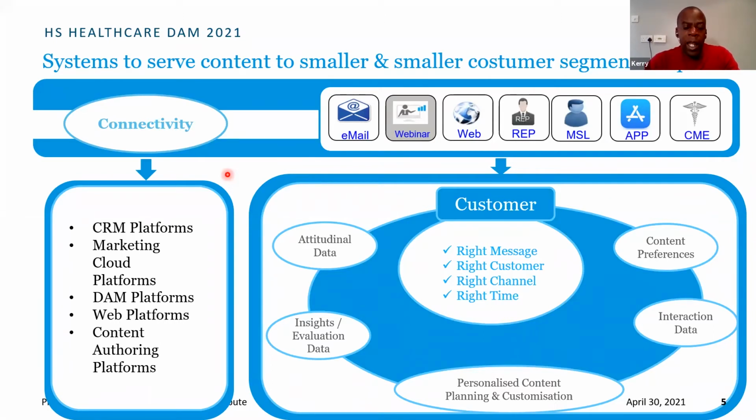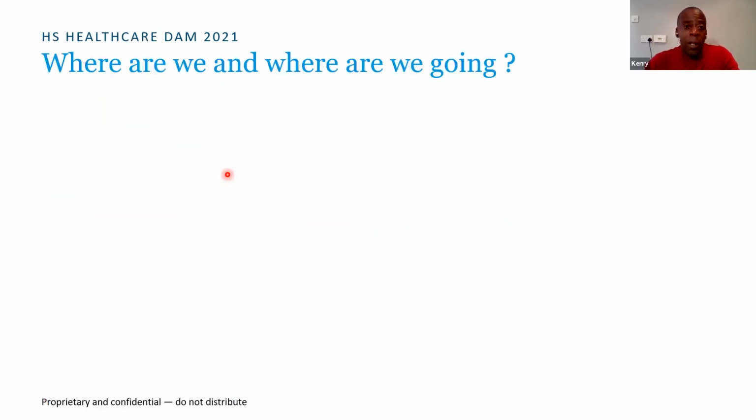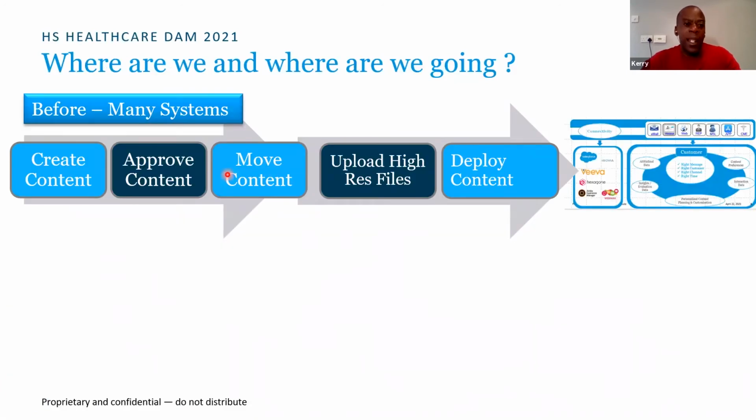And a few companies are looking at this now and doing it, and I'd probably say around 10%. So what do we mean? In the old days, and many of you are probably still in the old days, one needed to create content by the agency, approve the content in something like Zinc, which is your content approval. And then you had to get the high-res file from the agency, and then you had to put the high-res file into some kind of CMS.